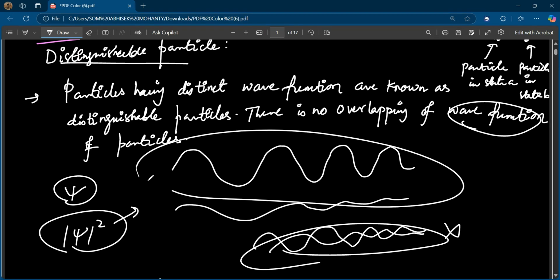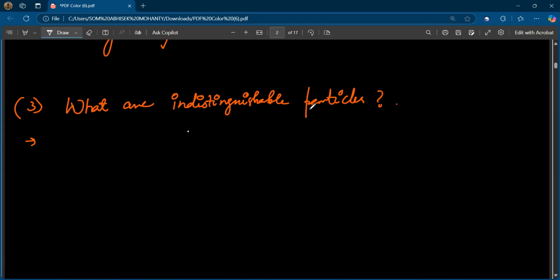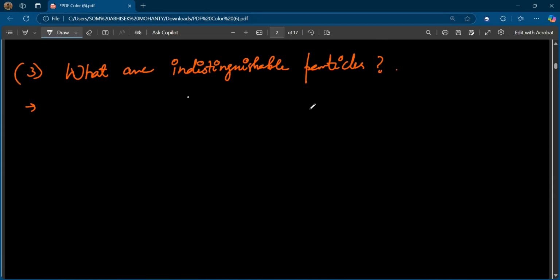So the wave function lets us trace the particle. When there is an overlapping of wave functions, we cannot trace the particle. That's why it's called an indistinguishable particle: we cannot distinguish which one is which.